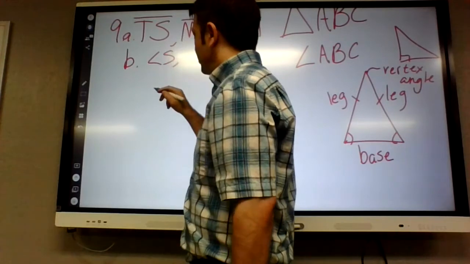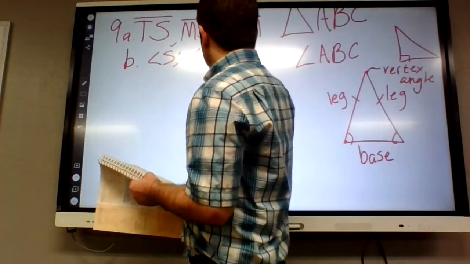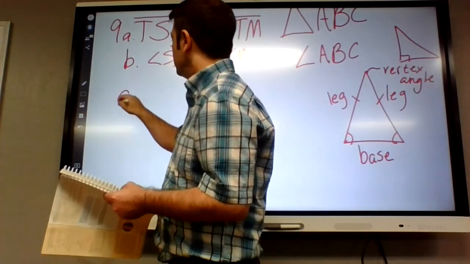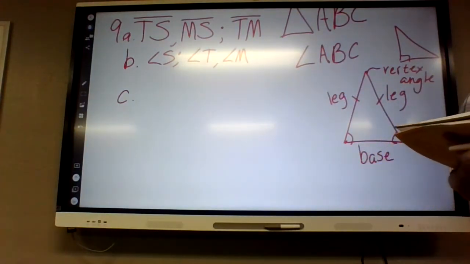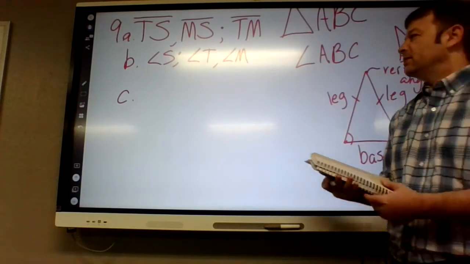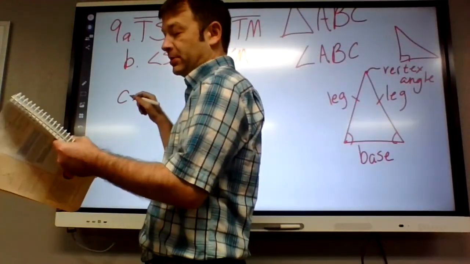Angle S, and then what are the base angles? What do you notice about the base angles? They are equal, they're congruent. They are congruent.